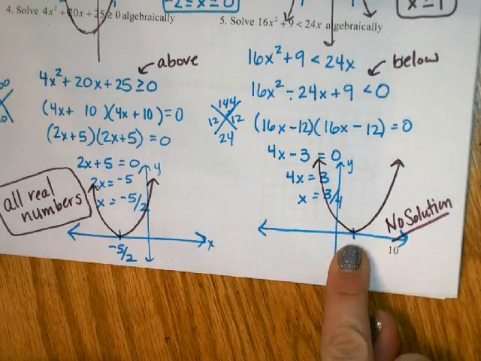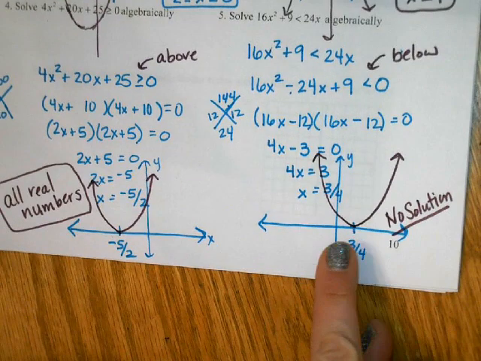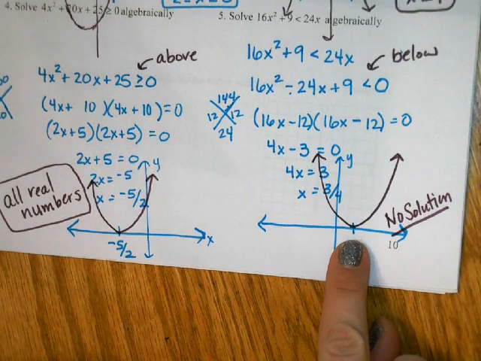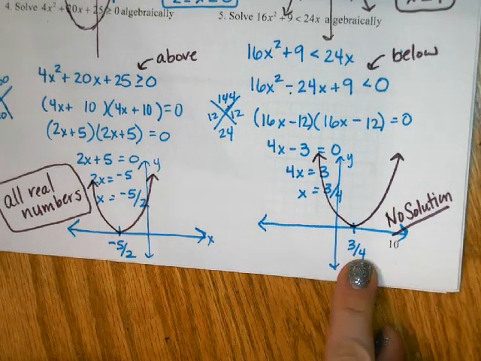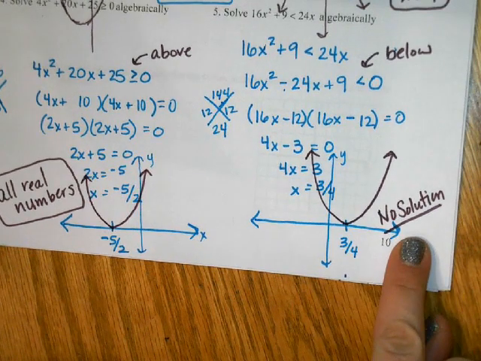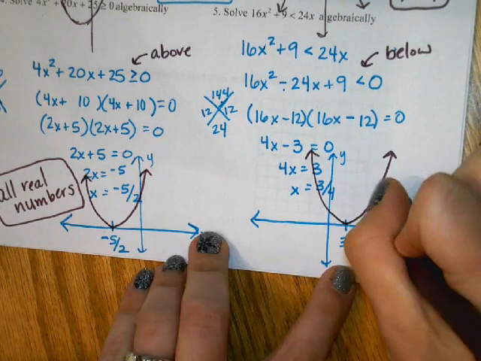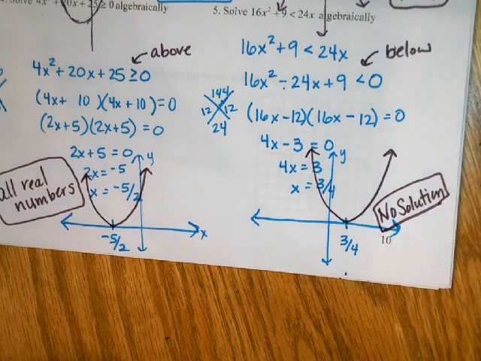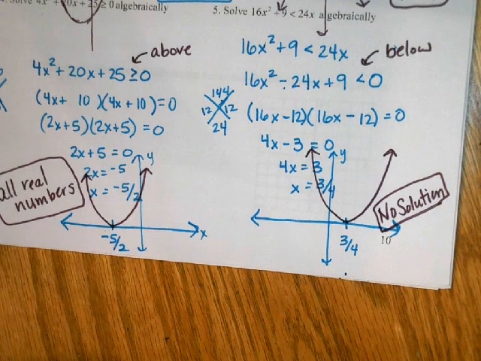Now, if it would have said, when is this guy below or equal to my x-axis, then we could have said it's equal to it at 3/4. However, he doesn't go below my x-axis. So this guy is no solution. Okay, questions on any of that?